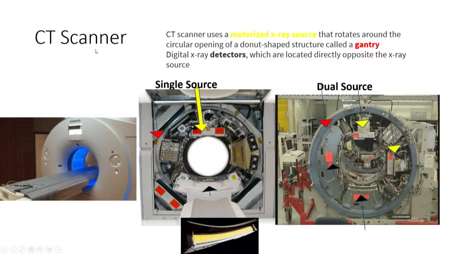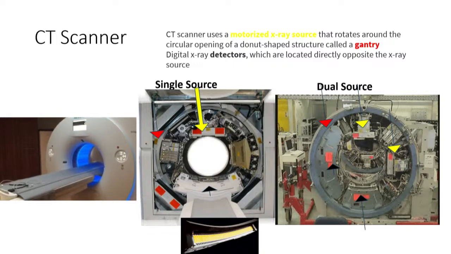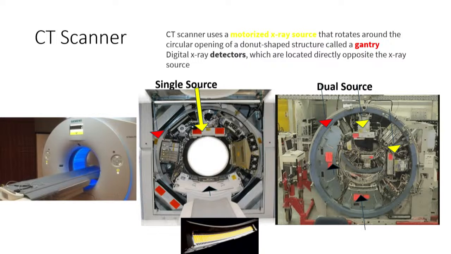So you have a source of X-ray that rotates around the patient. Patient goes to the middle. And what makes things rotate is the gantry. Then the X-ray emits photons, goes through the patient, and the signal is detected and picked up in the detectors.